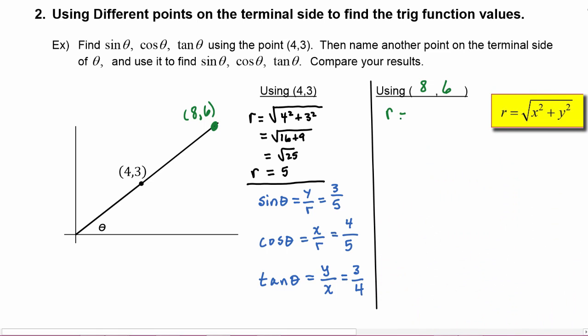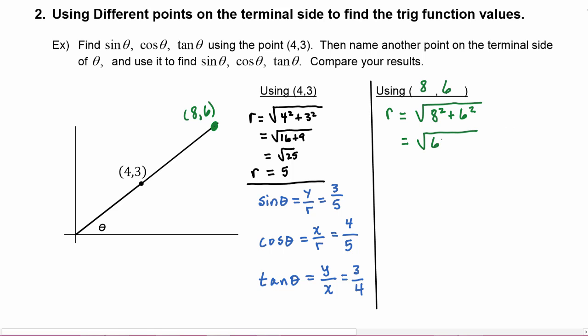R would then be the square root of 8 squared plus 6 squared, which is the square root of 64 plus 36, which is equal to the square root of 100, which is 10.